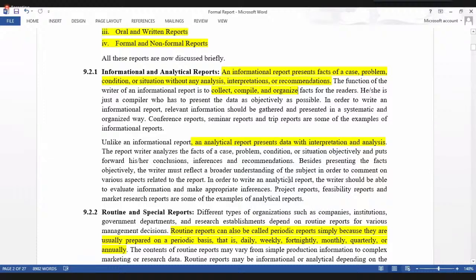So here, in an analytical report, the writer comments on various aspects of the report. In order to write an analytical report, the writer should be able to evaluate information and make appropriate inferences, isn't it? That is, make his own point.